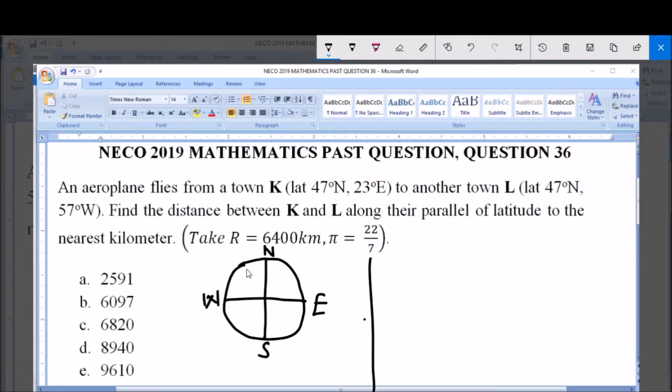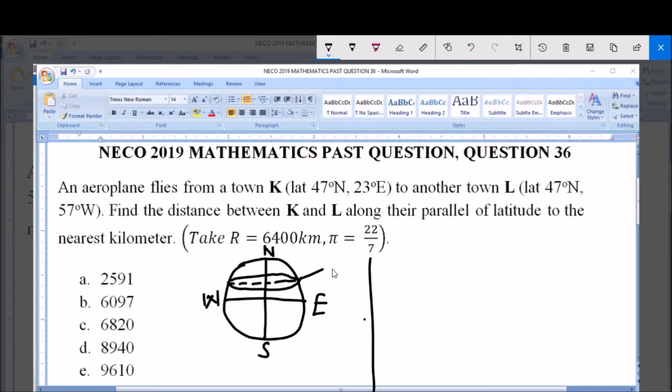We're given that the aeroplane flies from a town K of latitude 47 degrees north. So let's take 47 degrees north to be this point here.